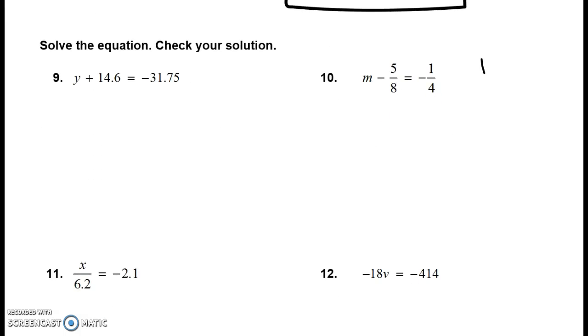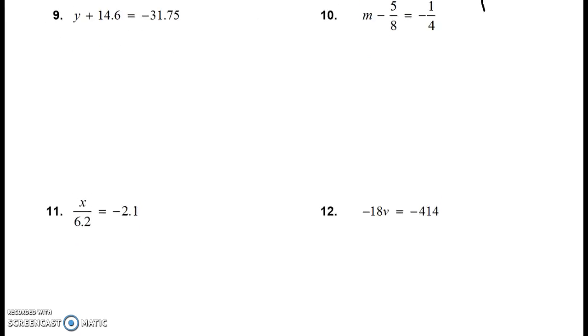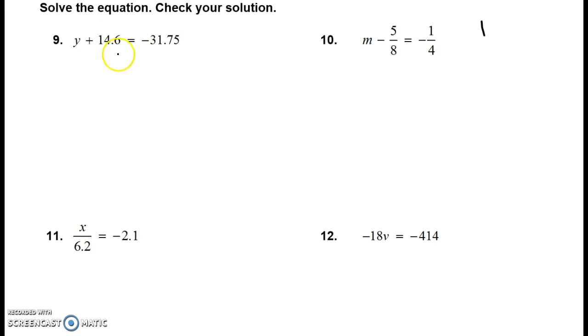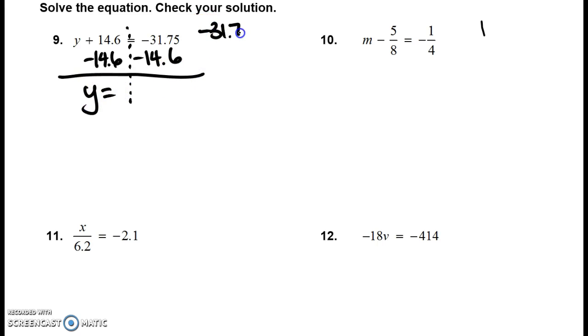These next ones you have to solve and check your solution. So number 9, I see y plus 14.6, so I need to subtract 14.6 from both sides, and y is equal to negative 31.75 minus 14.6.